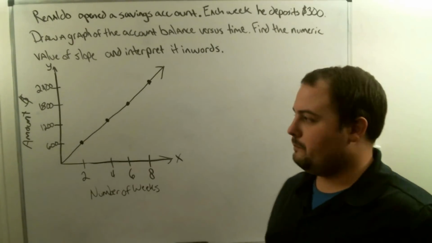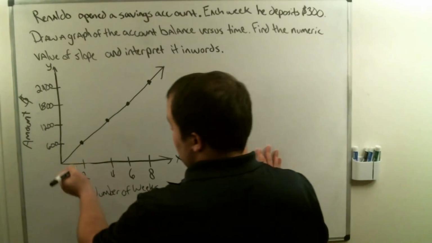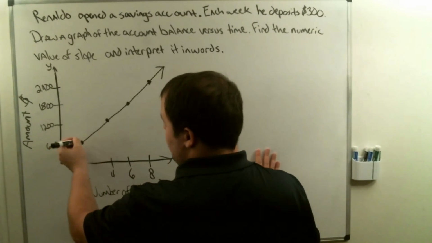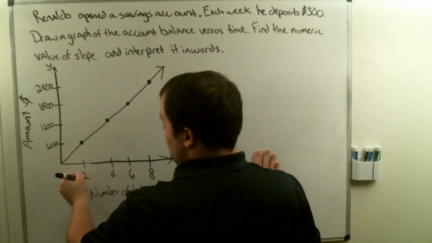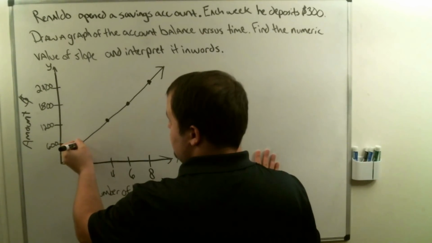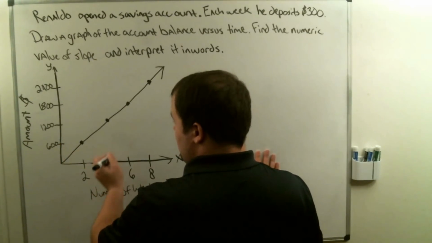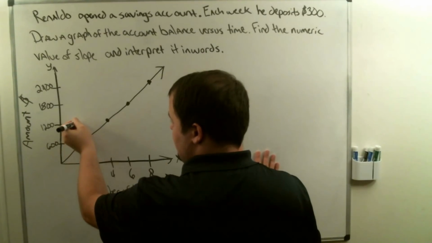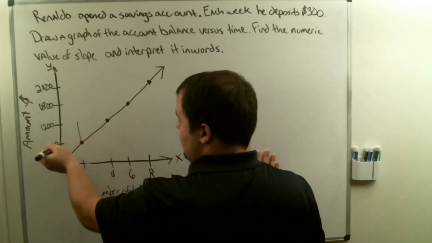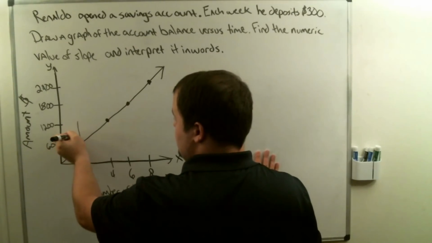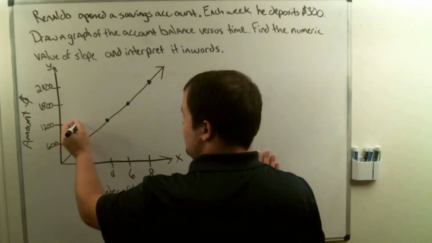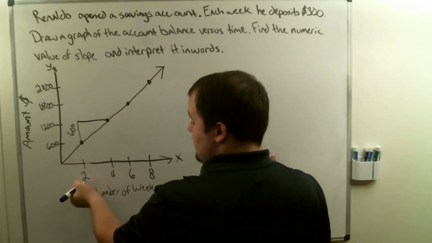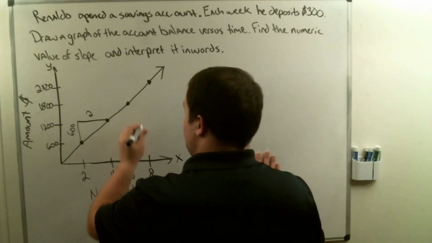So when looking at this, I can see that in week 2 he had $600, and week 4 he had $1,200. So I could figure out the slope by figuring out how much I rise. If I rise from 600 to 1,200, I rose 600. And how much do I run? Well, I went 2 to 4, so that's 2.